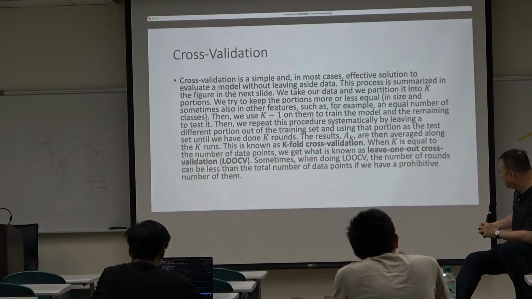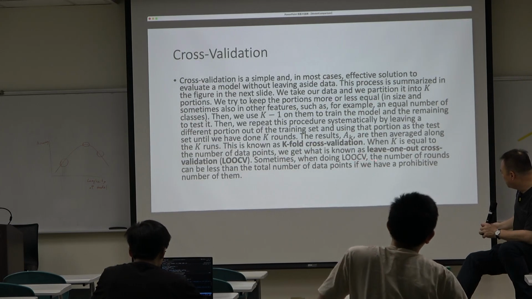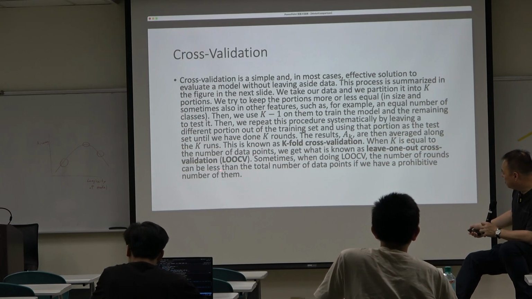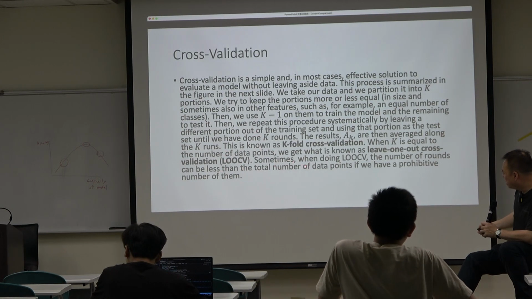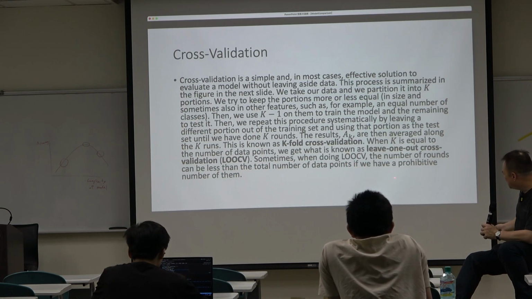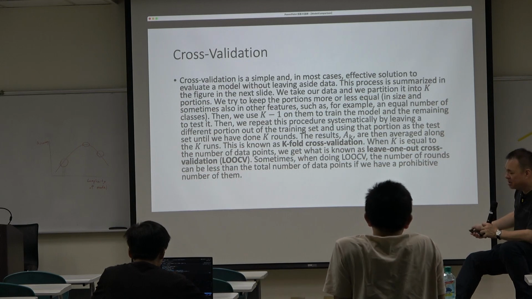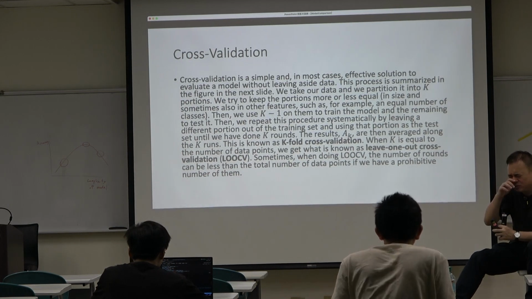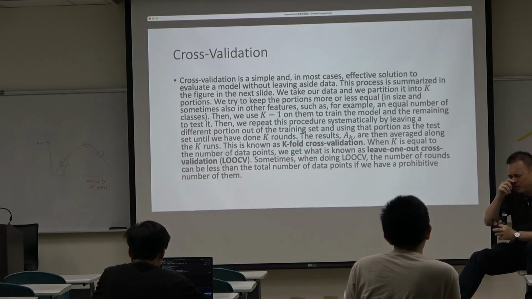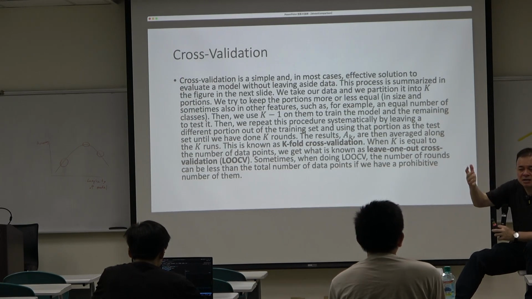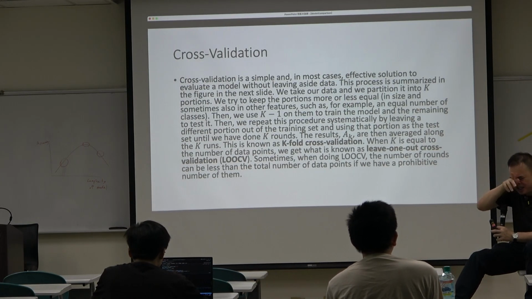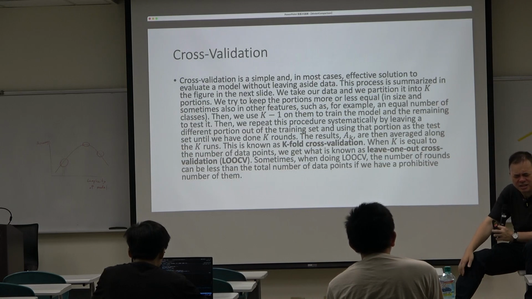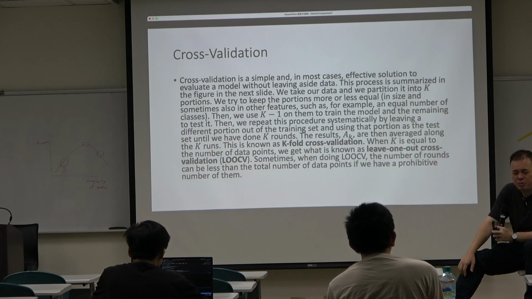So sometimes when doing LOOCV, the number of runs can be less than the total number of data points if that number is prohibitive. If the data set is 100, we don't want to do this 100 times. We probably do it maybe 30 times or something like that.